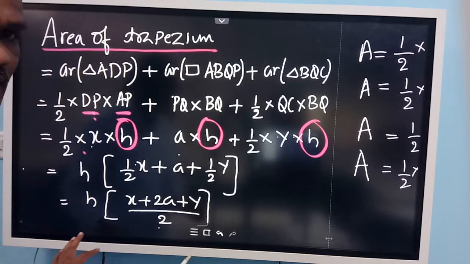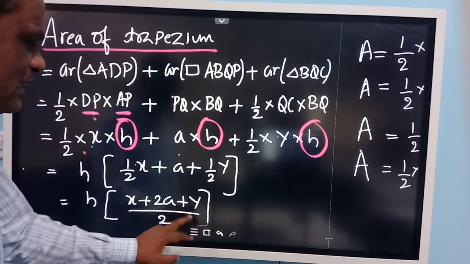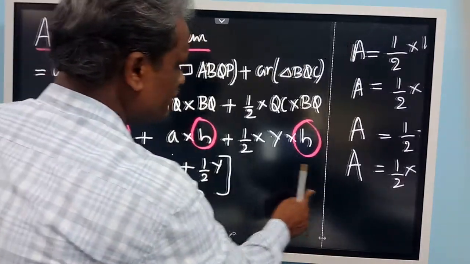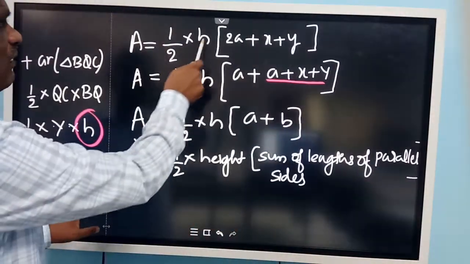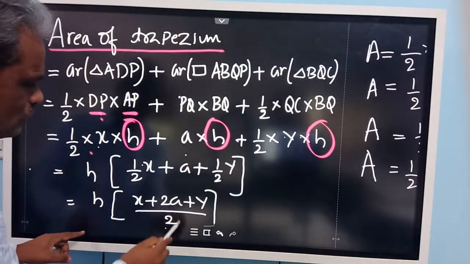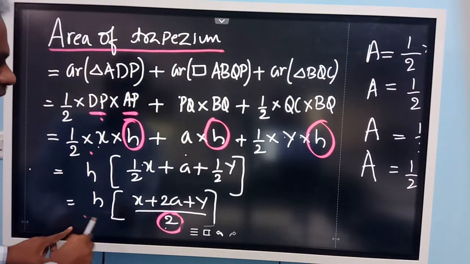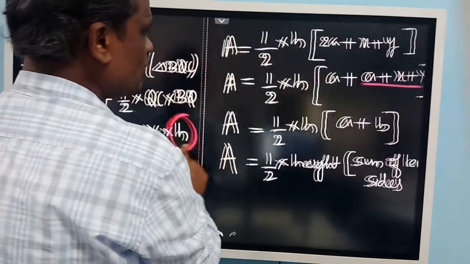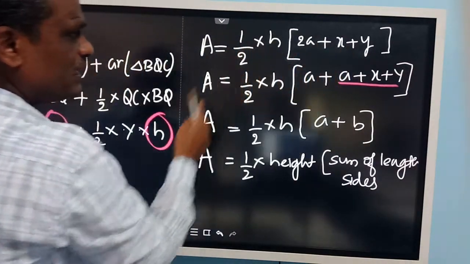Is it clear up to here? Next I will write the same thing on the next page. Half into H: half means this 2, which I have taken here in the denominator, so that is why it becomes half.